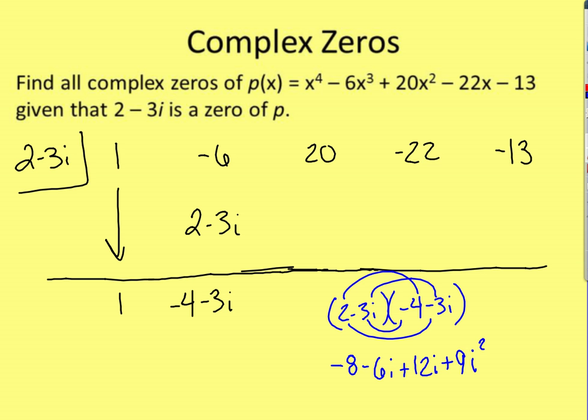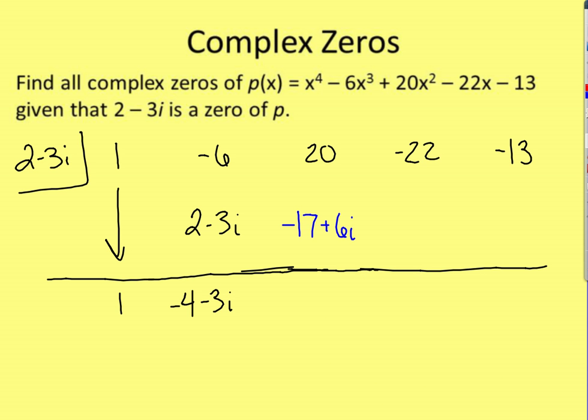But remember, i squared is equal to -1. So we can combine like terms. That's going to give us a positive 6i, and -8 with a -9 gives us a -17. When we add that down, that's going to give us a 3 plus 6i.